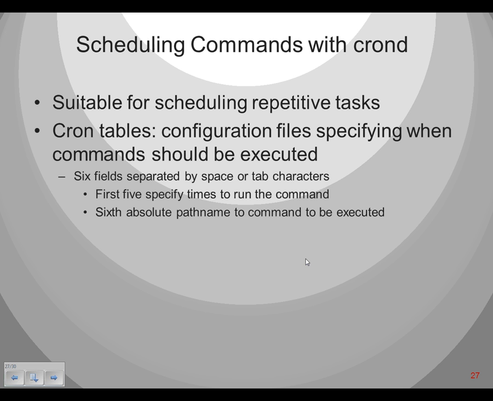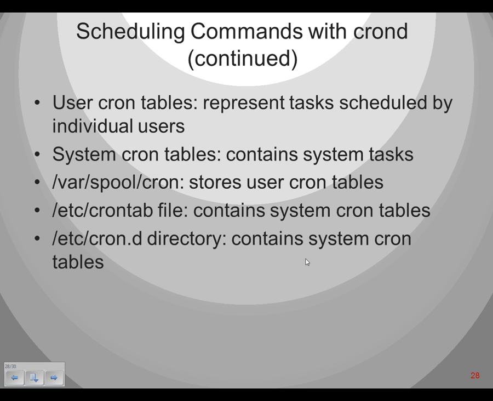The first 5 specify times to run the command, and the 6th is the absolute path name to the command to be executed. User cron tables represent tasks scheduled by individual users, and the system's cron tables contain the system's tasks.